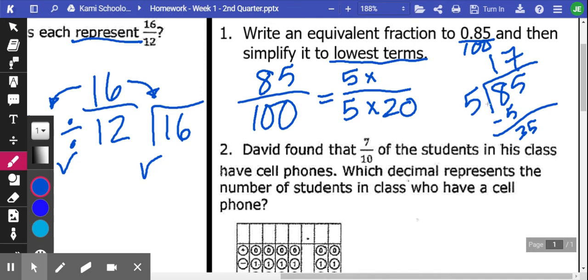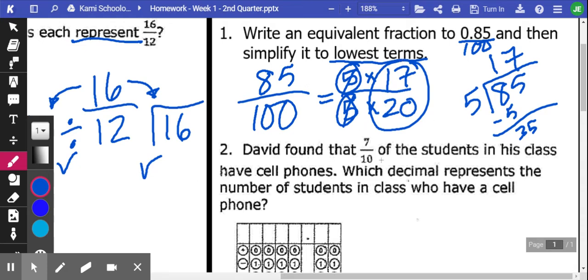So 85 divided by 5 is going to give us 17. So if we make a fraction out of this, 85 hundredths, if we take out that common factor of 5 and 5, we are left with our simplified fraction of 17/20.